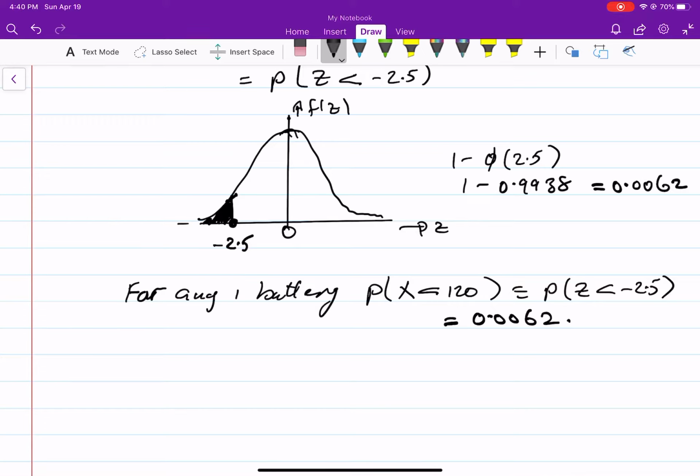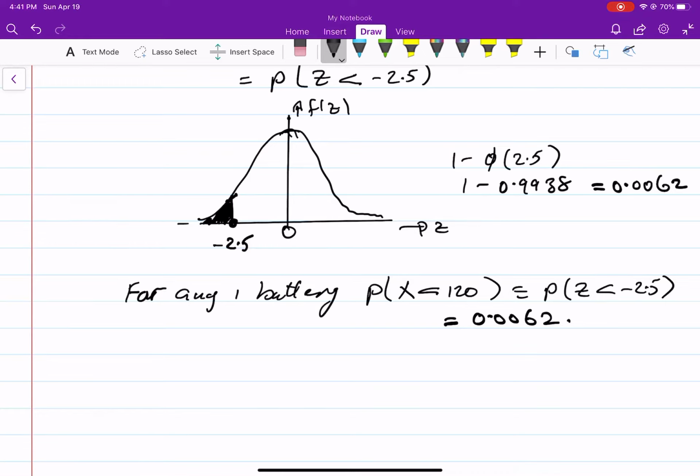One battery. But a batch will only be rejected if 2 batteries end up having a lifetime less than 120, and the batteries are independent. So the probability that the first battery has a lifetime less than 120 hours is 0.0062, and the probability that the second battery has a lifetime less than 120 hours is the same, 0.0062.